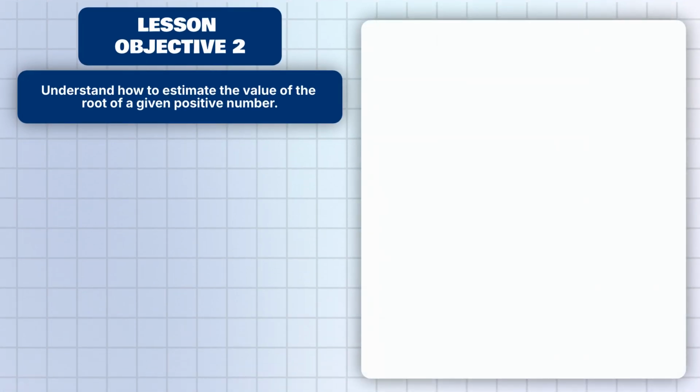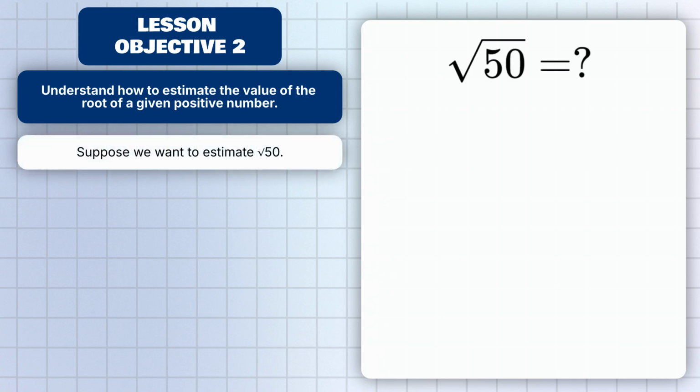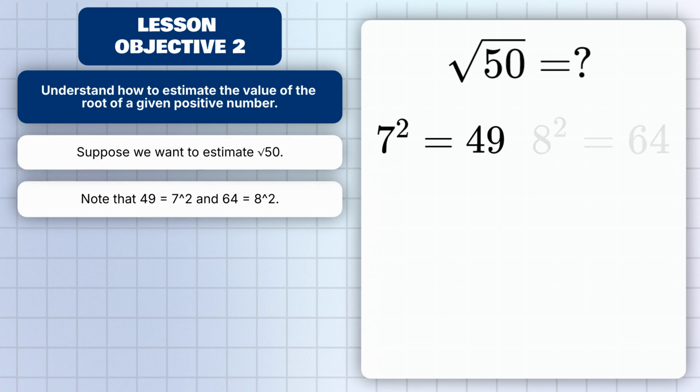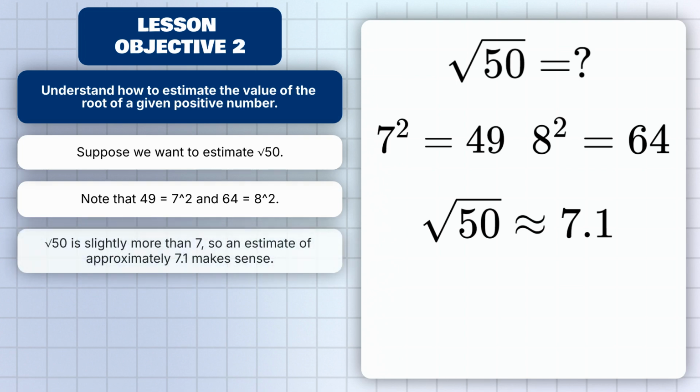Now let's try estimating the value of a root using perfect squares and cubes. Firstly, identify the closest perfect squares or cubes to estimate the root. For example, suppose we want to estimate the square root of 50. Note that 49 equals 7 squared and 64 equals 8 squared. Therefore, the square root of 50 is slightly more than 7, so an estimate of approximately 7.1 makes sense.